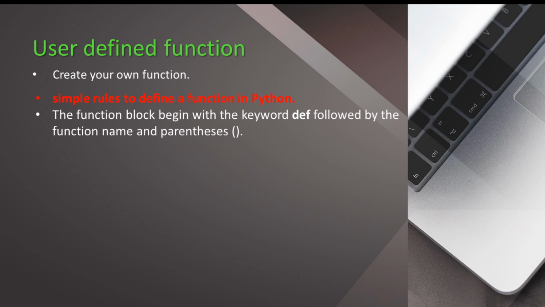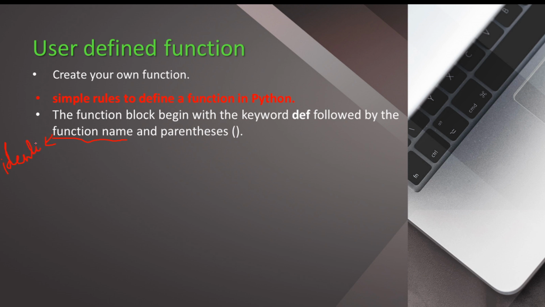The def keyword will be followed by the name of the function, which may be any user defined name, or you can say the name of the function may be any identifier, and we know that an identifier is a user defined name. Then the identifier will be followed by parentheses.